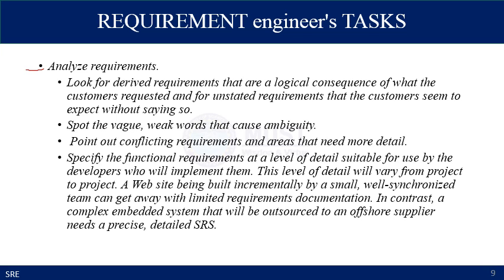You have to look for derived requirements that are a logical consequence of what the customers requested, and for unstated requirements that the customers seem to expect without saying so. You have to spot the vague, ambiguous, weak words that cause ambiguity or confusion among the development team. And then you have to point out conflicting requirements as well.